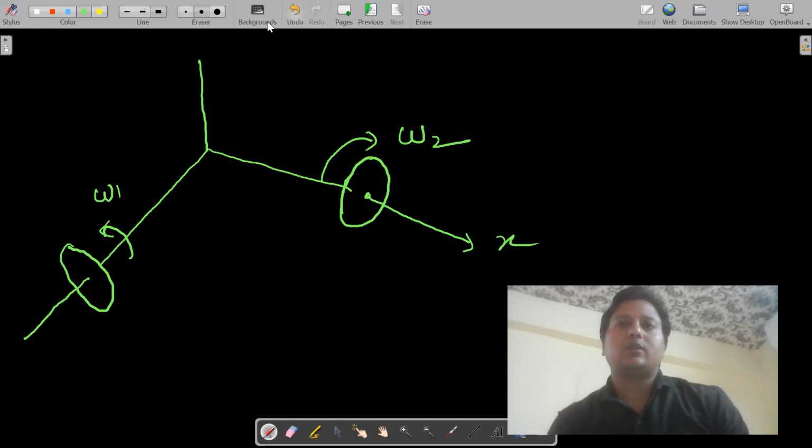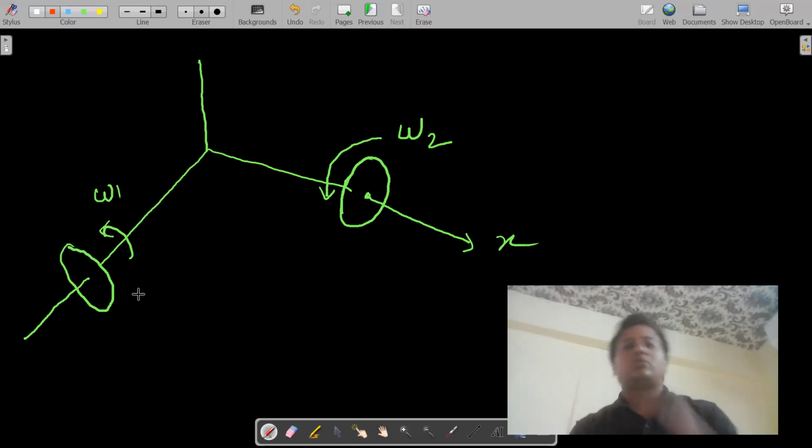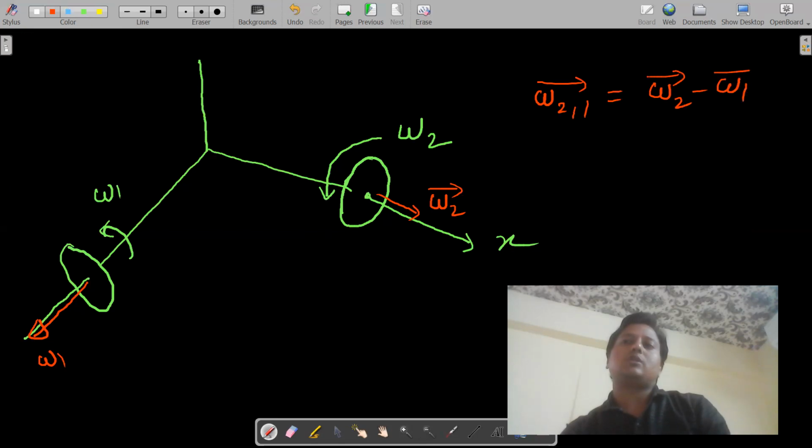In any sense we can take, suppose we take a sense here with omega 2. So what is the direction of omega 1 and omega 2? The direction of omega 1 is this, using the right hand thumb curl rule. This is the omega 1 direction and this is the omega 2 direction. So what is the relative omega? If we say omega 2 with respect to 1, that will be omega 2 minus omega 1.